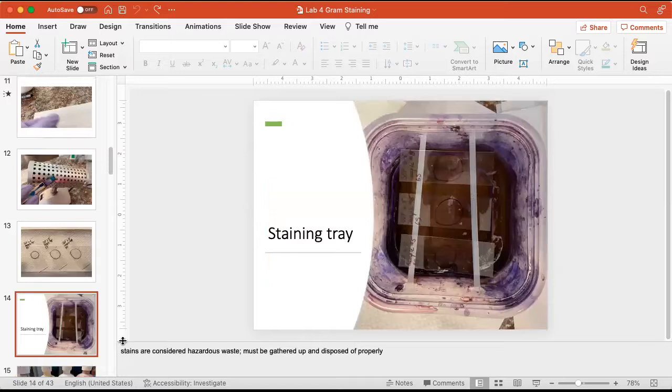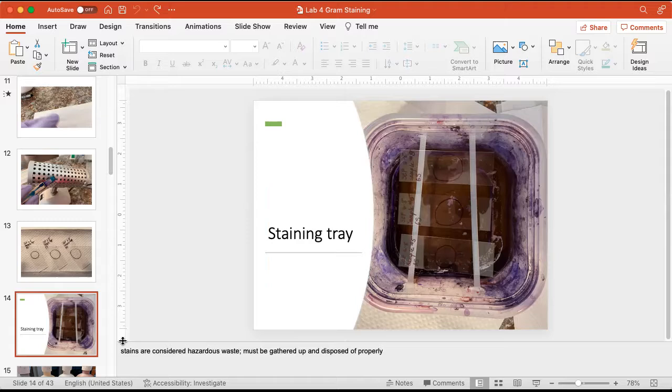Now, as I work through the gram staining procedure, I'm going to use this tool. This is a very low tech, very inexpensive tool that you will also find in microbiology labs. This is called a staining tray. If you remember when we were doing the simple staining last time, I showed you a picture of a staining bowl.